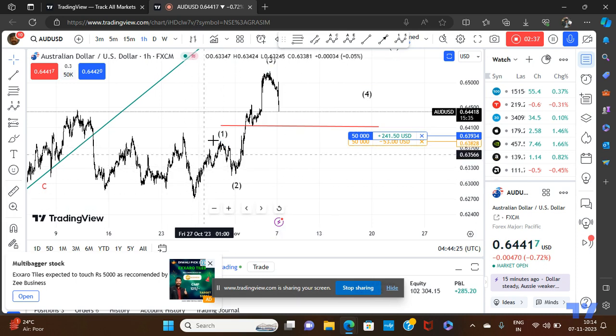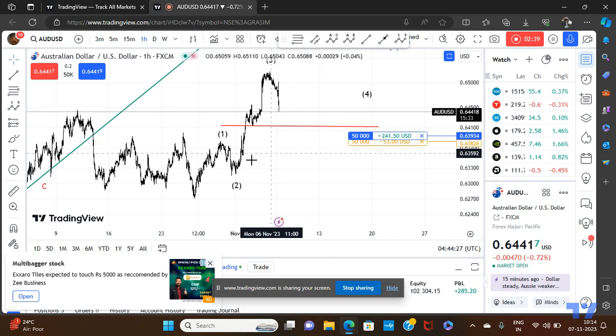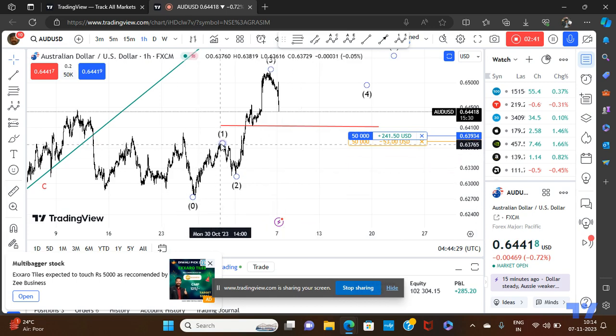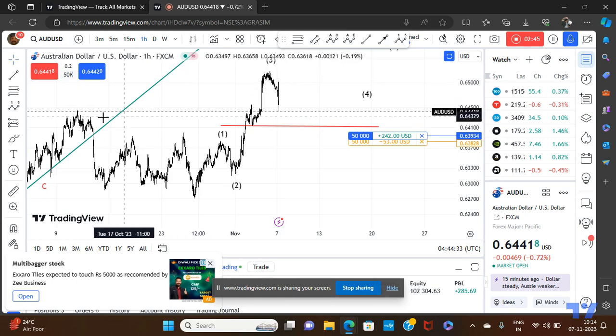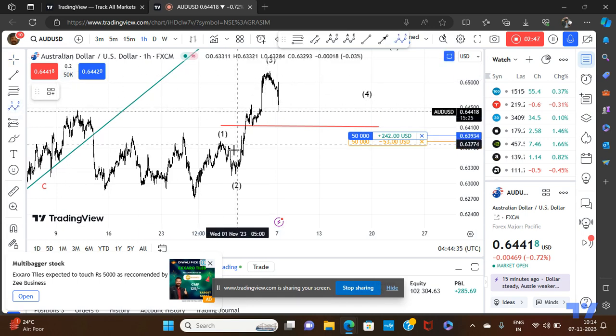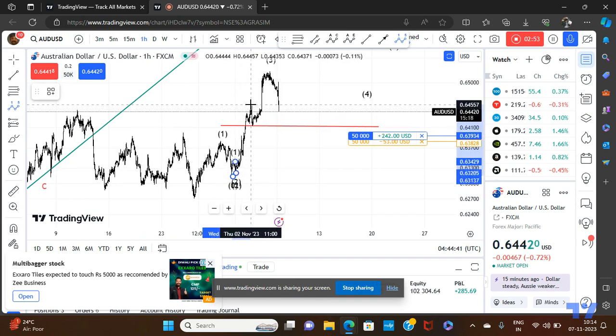That is, this is the part of the third wave, right? And I'll just go by wave by wave. And then we have this third wave. So third wave can also be marked like this: one, two, three, 4, and 5.